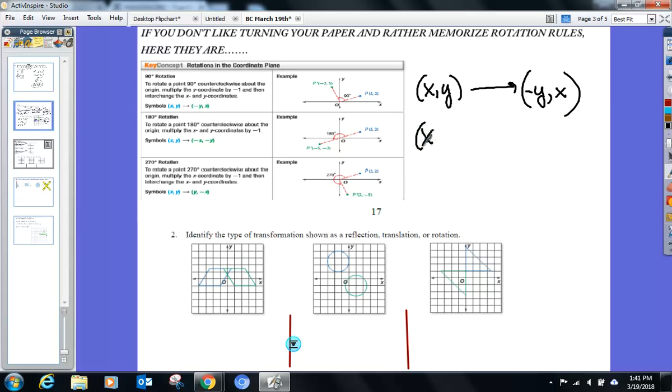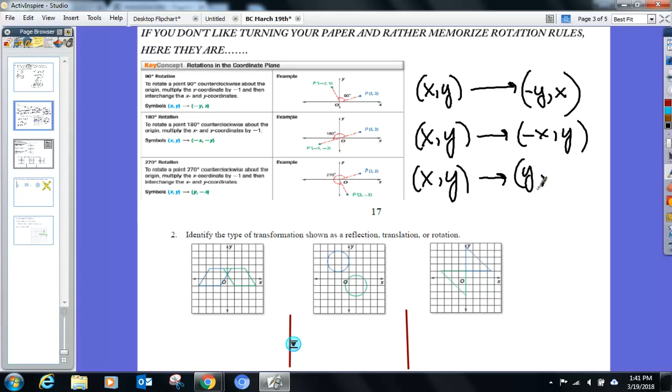If you rotate 180, you negate the coordinates. And finally, if you rotate 270, this one's a doozy. You take your y and make it your x, negate your x and make it your y. So if you would rather memorize those instead of turning, there they are for you. Okay.